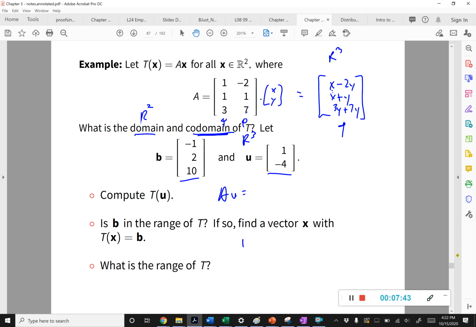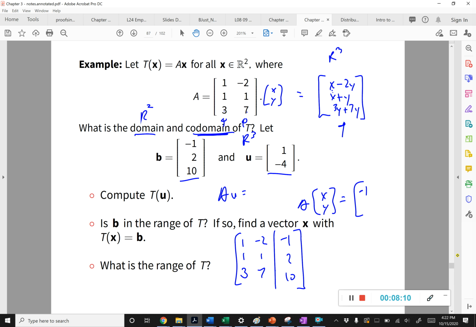So here we can use our row reduction strategy and set this augmented matrix up, and that's finding our xy that we can multiply by A to get minus 1, 2, 10.